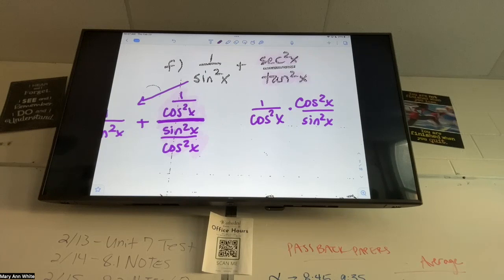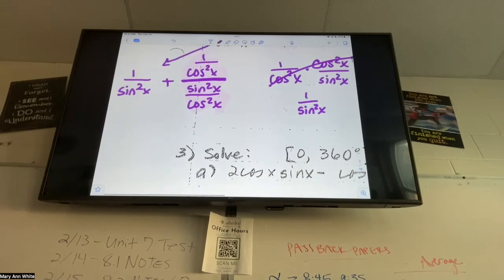All right, cosines are gonna cancel. I'm left with 1 over sine squared. So I'm gonna come back into my equation, take out that big pink ugly fraction and it becomes 1 over sine squared. So I've got 1 over sine squared plus 1 over sine squared.